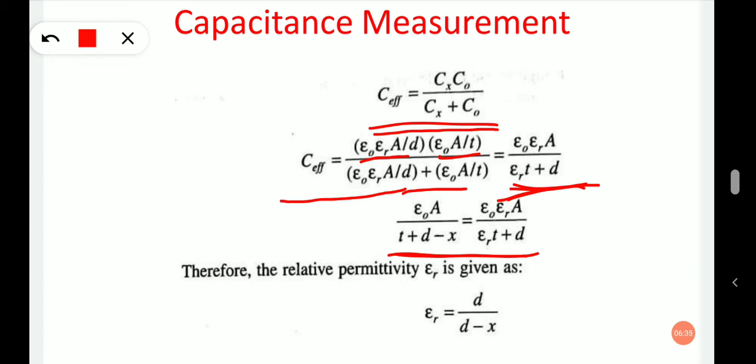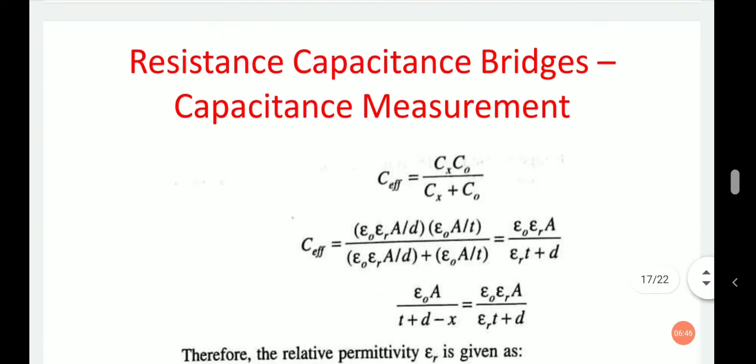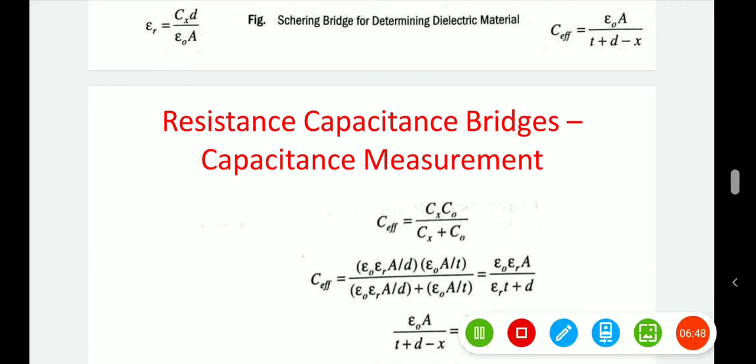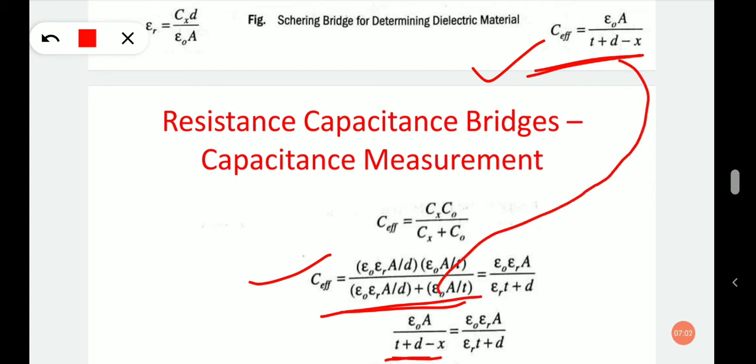Now equating these two equations, by equating this first equation and this second equation, we can write epsilon 0 a upon t plus d minus x equals epsilon 0 epsilon r a upon epsilon r t plus d.